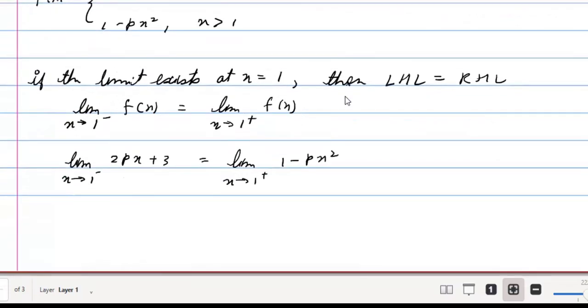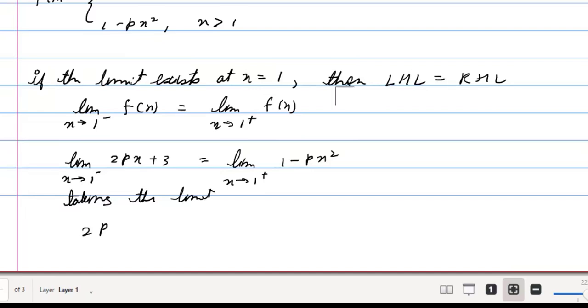Now, when it is a piecewise function, we can directly take the limit because it says that the limit exists. So the limit will only exist when the left hand limit and the right hand limit are equal. So we can take the limit here.